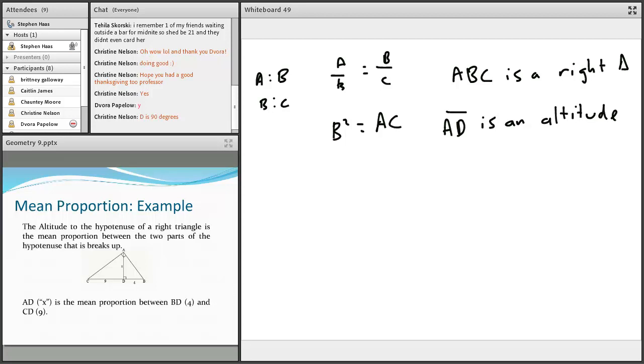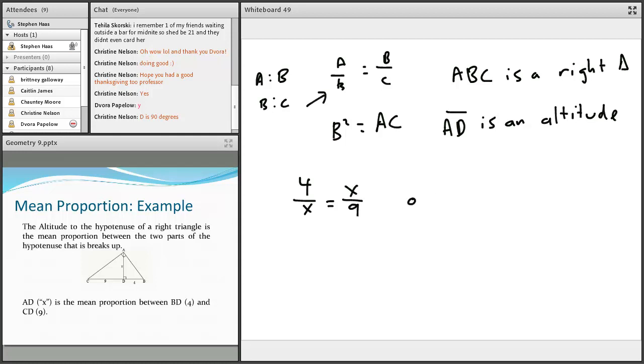So if I were writing a proportion, how would I write that? What would my proportion be? X, in this case, which is the altitude, is the mean proportion between 9 and 4. In this example, the B would be X. So the way I would write that is 4 is to X as X is to 9.